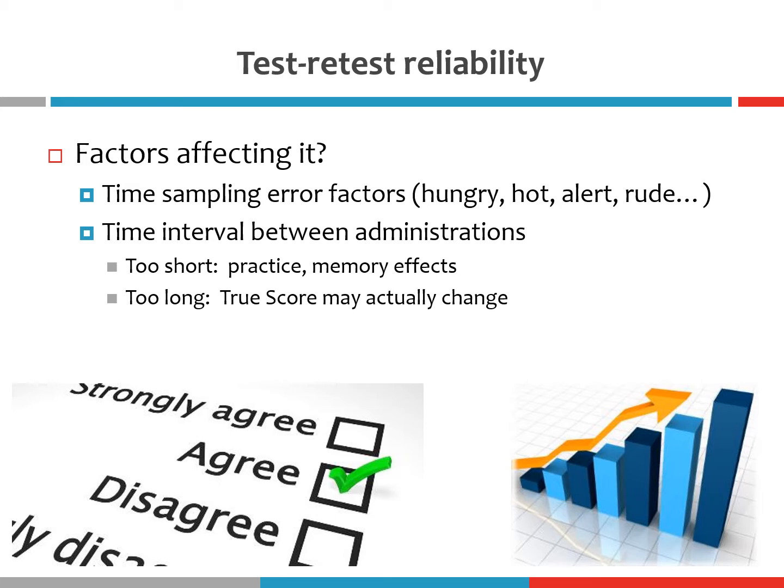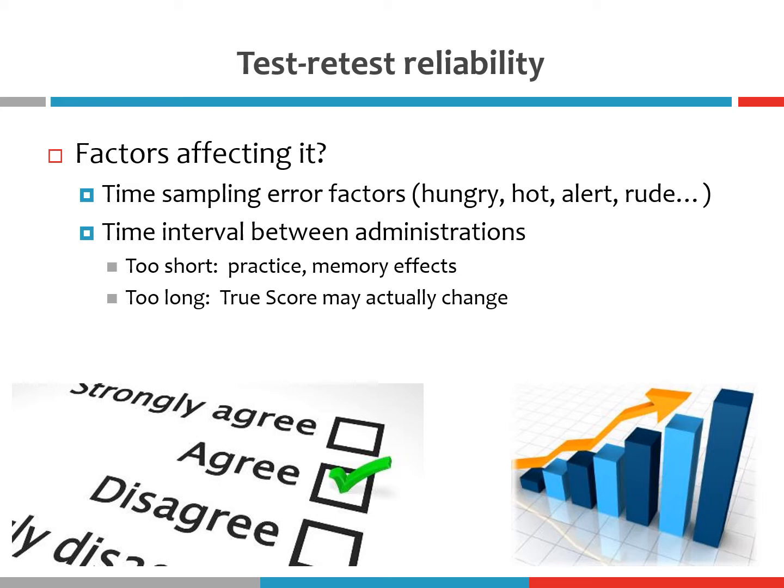There's also environmental chance factors or test administration, right? So if the person administering the test is rude, or if you're in a very hot, uncomfortable space while you're taking the test, those could all influence your obtained score.